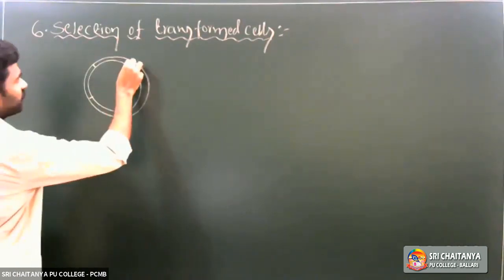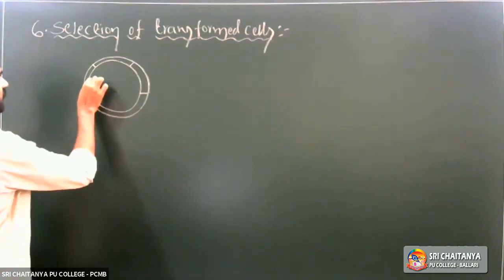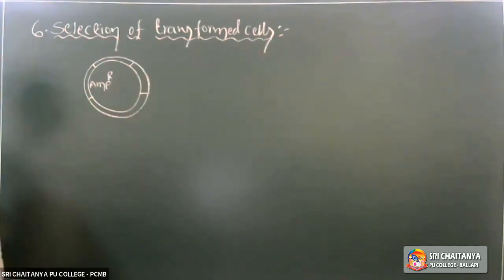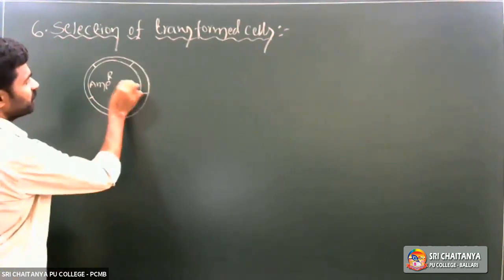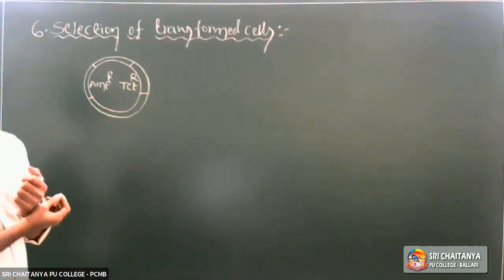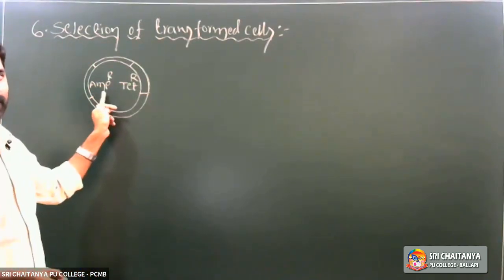See, it has the ampicillin resistant gene, AMPR, and this segment indicates TETR, the tetracycline resistant gene.